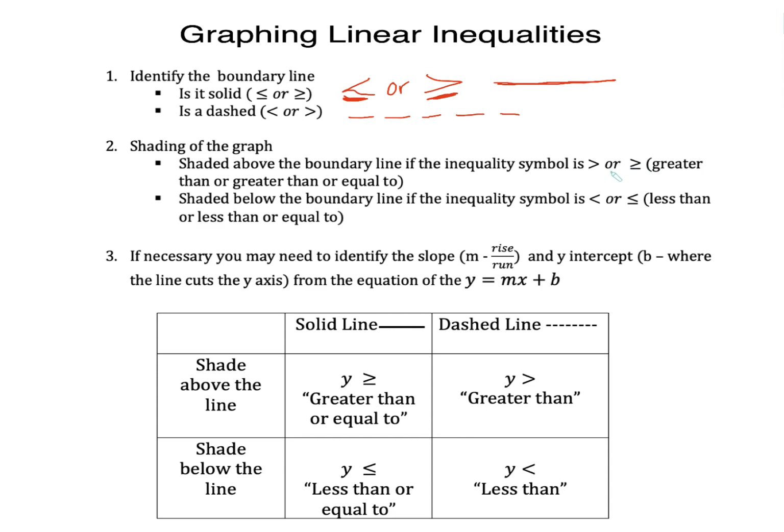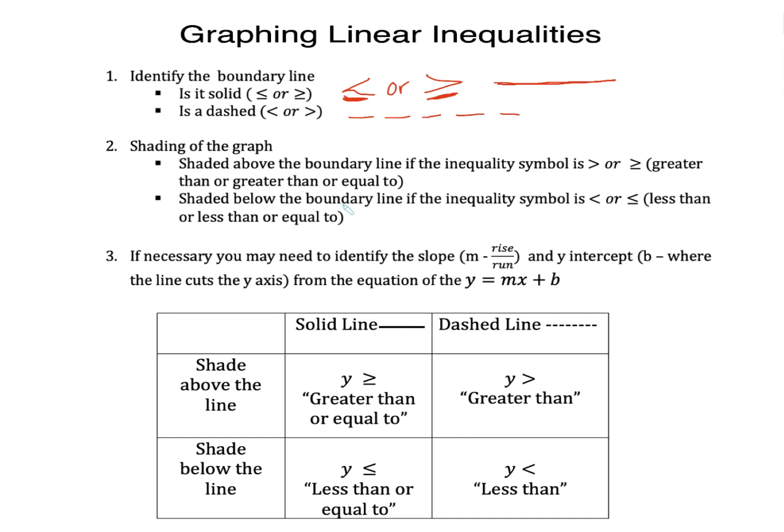Above will always signify greater. So if you see the shading is above, you know you're looking for a greater than or greater than or equals inequality sign. If the shading is below the boundary line, you're looking for the inequality symbol of less than or less than or equals. Remember, below means less.